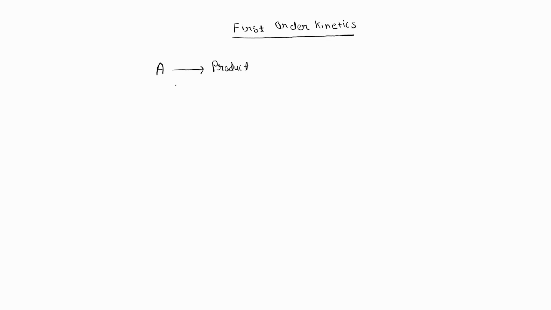If the reaction is A gives product, then the rate of reaction will be written as rate of reaction is equal to K concentration of A to the power 1, whereas in zero order kinetics, rate is written as K A to the power 0.